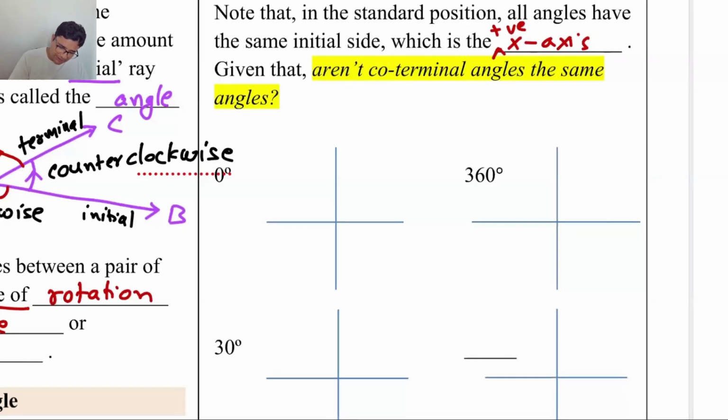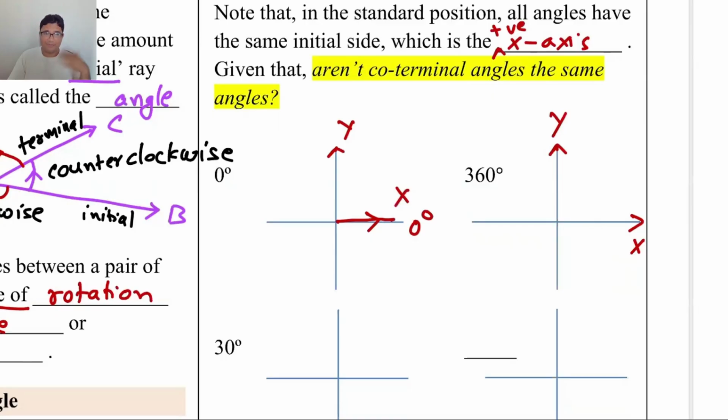If I am measuring 0 degrees, I could measure like this. That's my 0 degrees. I'm not labeling X and Y. You understand by default, okay? When you do it, make sure to always write the labels X and Y in every graph. I'm putting the disclaimer and doing it. Okay, so let me write that here. X-axis is here, and this is 0 degrees, right?